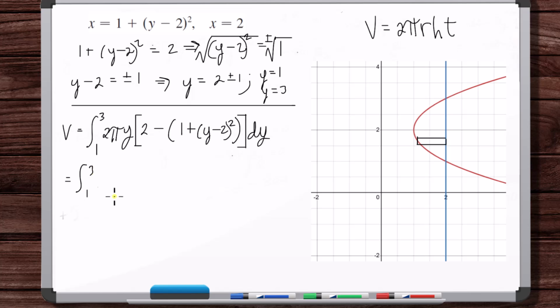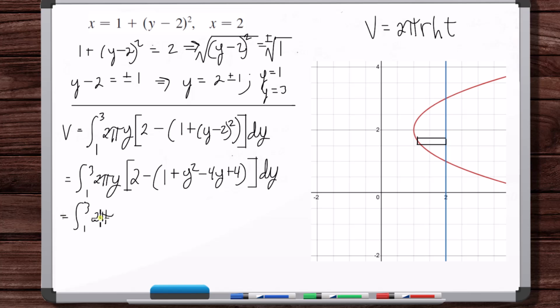Okay, so 2 pi y. Then we've got 2 minus 1 plus y squared minus 4y plus 4, dy. All right. 2 pi y, and then we've got 2 minus 1 minus y squared plus 4y minus 4, dy.